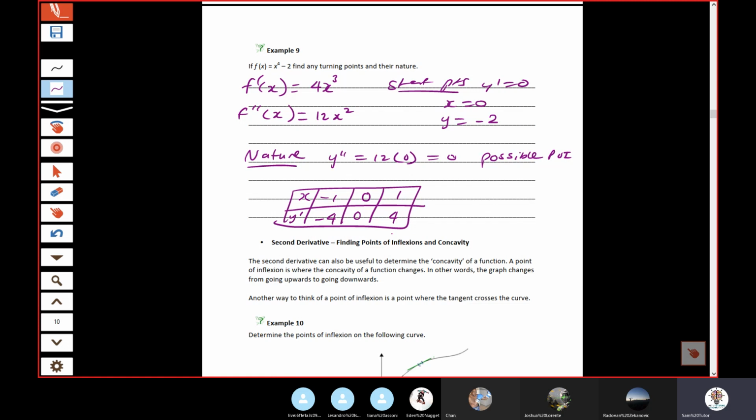So if we had gone and done points of inflection, which we're about to start soon, you would have realized it would have failed that test. So this is a negative, 0, positive. So it's actually not a point of inflection, therefore it is a minimum.